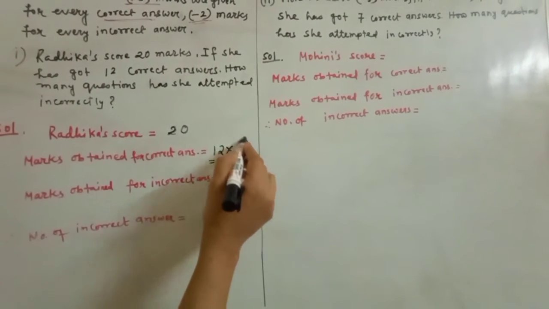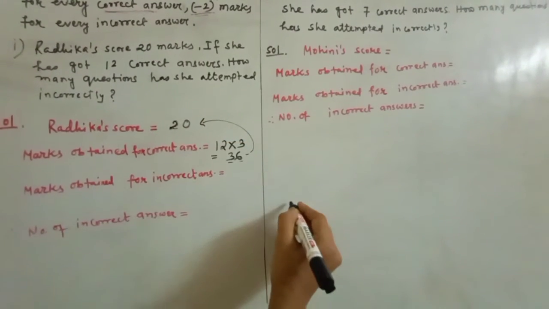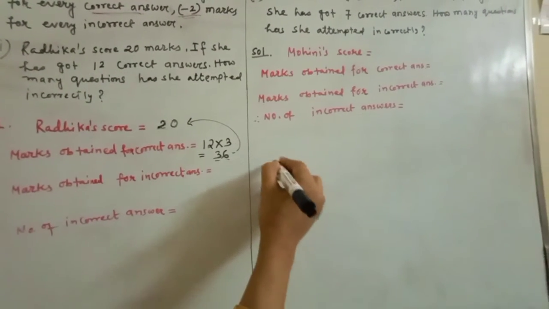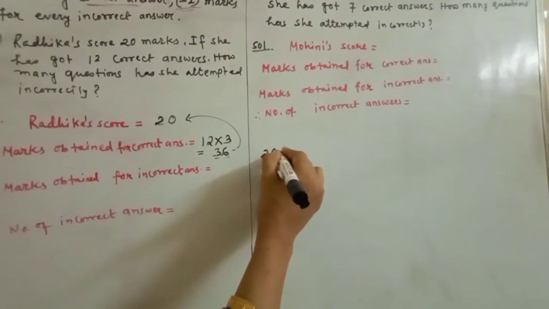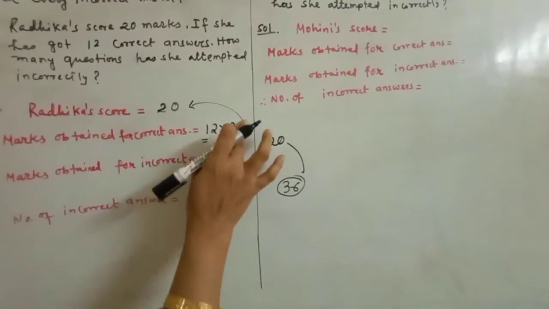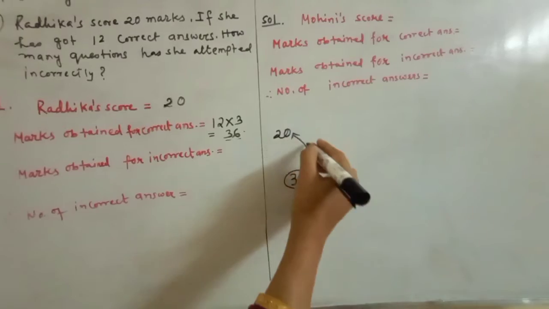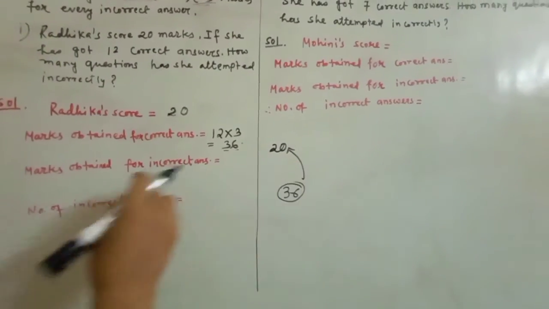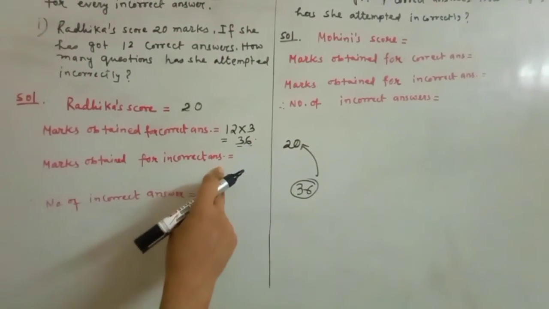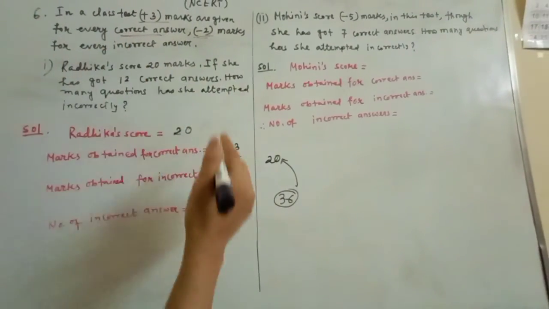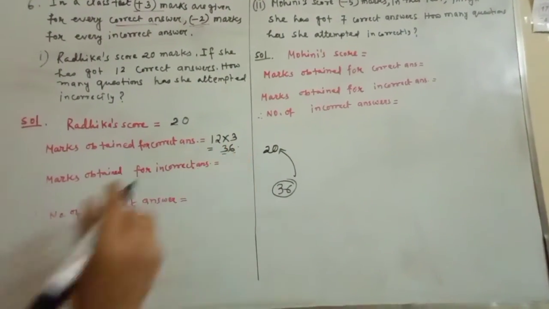Her marks become 20. That means instead of 36, marks have been deducted to get 20 marks. This deduction must be because of the incorrect answers.